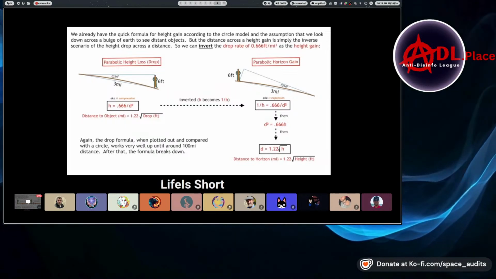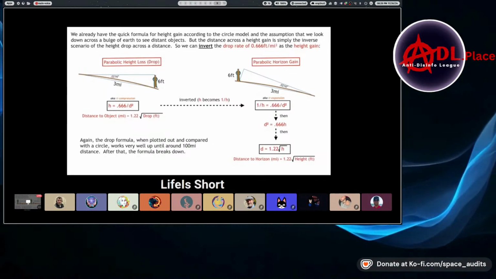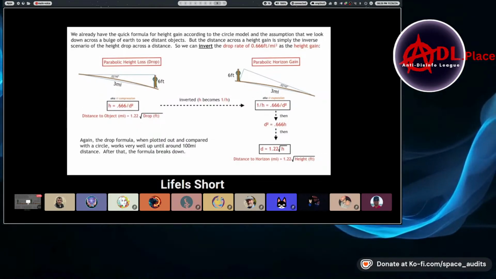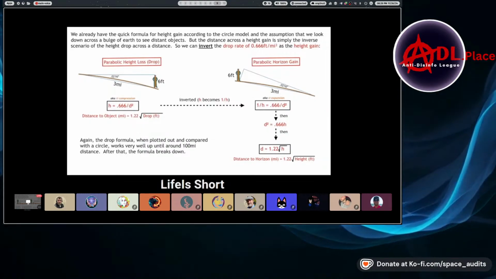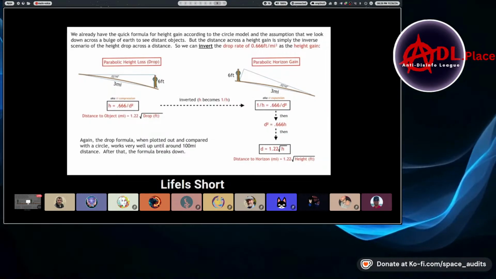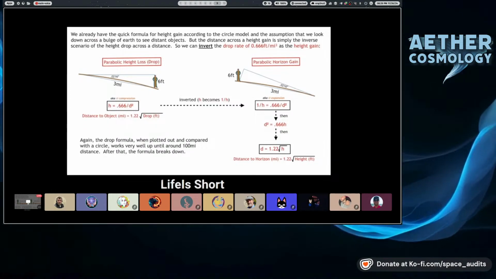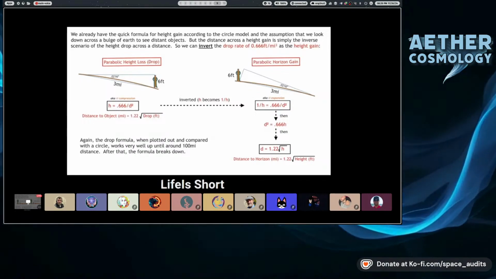We already have the quick formula for height gain according to the circle model, and the assumption that we look down across a bulge of Earth to see distant objects. But the distance across a height gain is simply the inverse scenario of the height drop across a distance, so we can invert the drop rate of 0.666 feet per mile squared as the height gain and horizon distance gain.